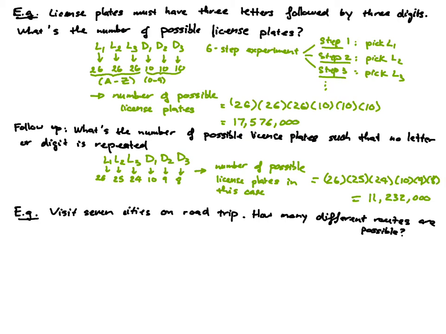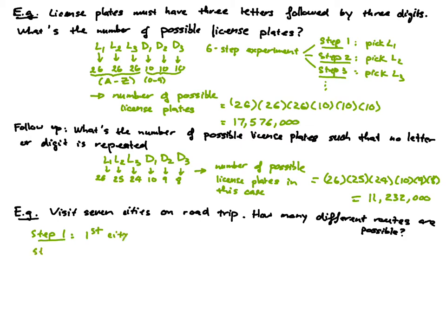So now think of this problem. When you do this kind of problem, you always want to think, what's the first step? What's the second step? How many total steps do I have? So in this case, you want to visit 7 cities. And so your first step is one where you pick the first city to visit.